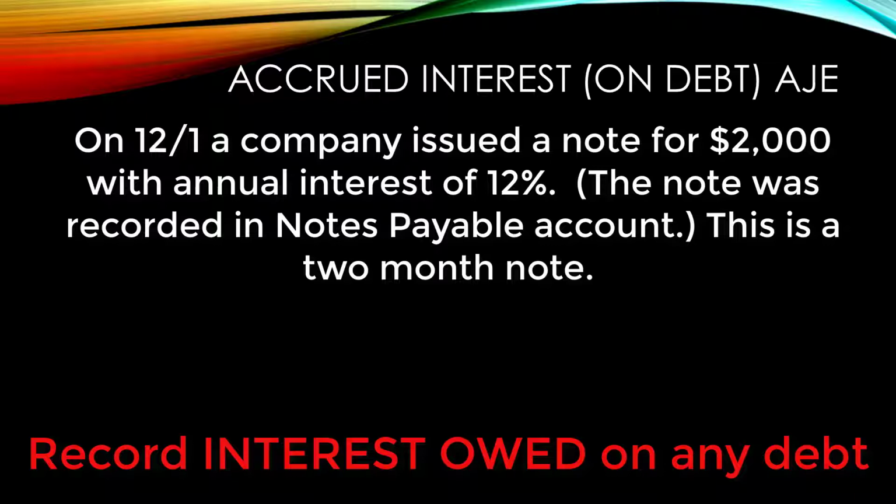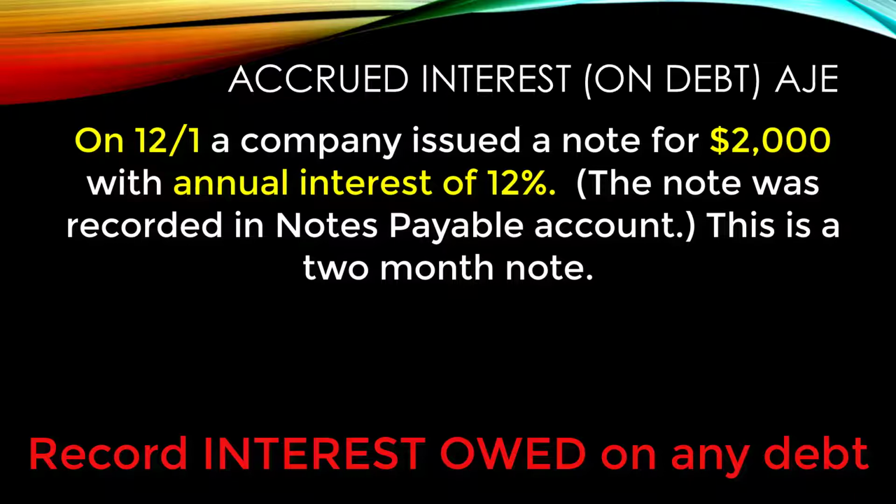In this example, on December 1st, the company issued a 2-month note for $2,000 with annual interest of 12%. The note was recorded in the notes payable account. They will pay the interest when the note matures 2 months later on February 1st.